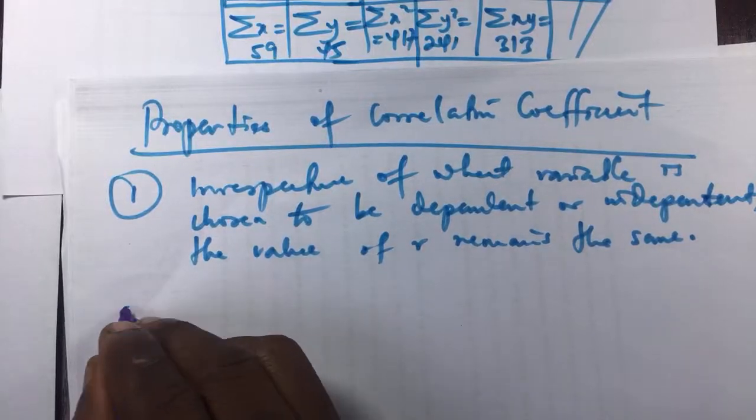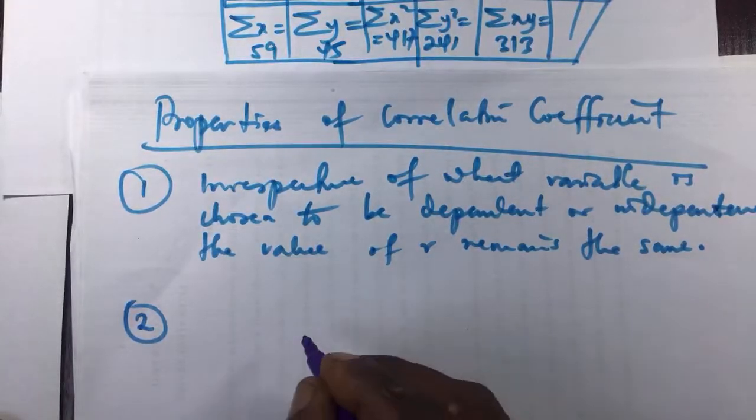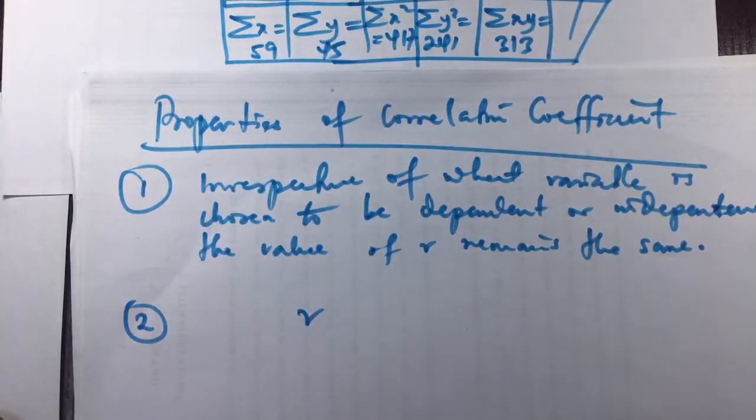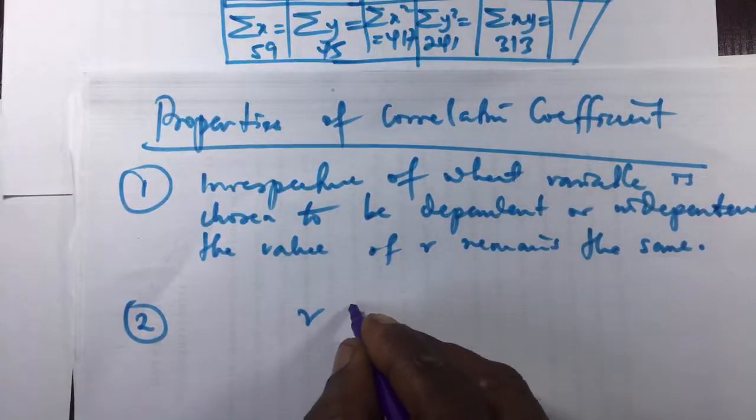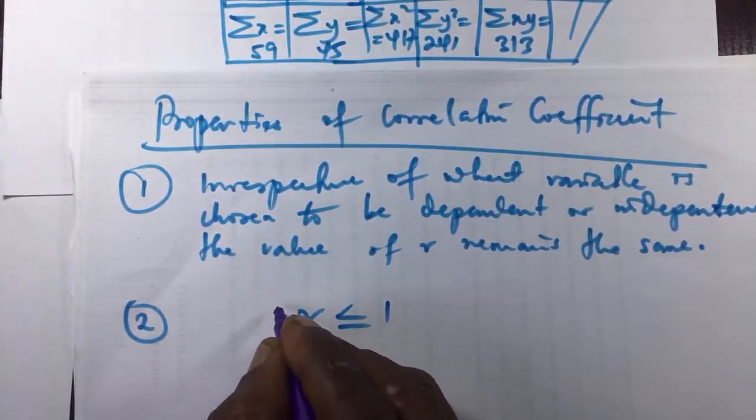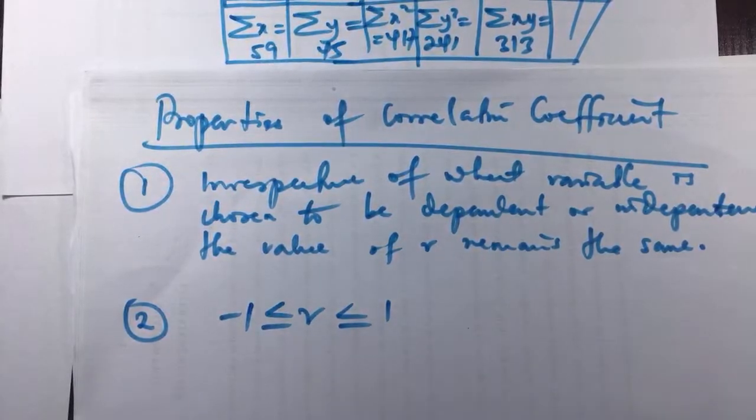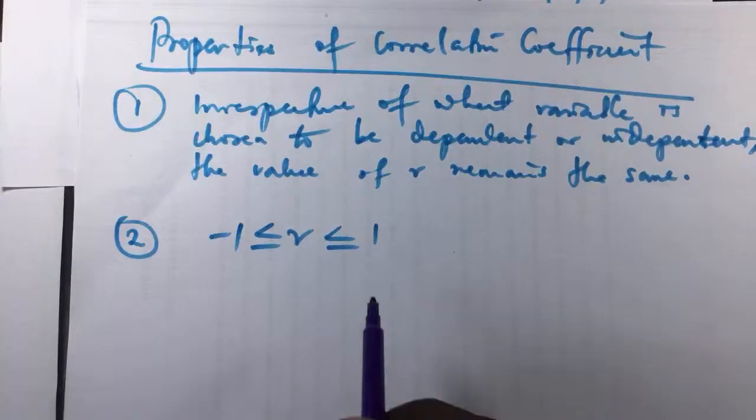Property number 2, guys, is that whenever you get your R value, take note, how do you know that what you have solved is correct? The R value, as a rule, must never go beyond this boundary. Meaning that whatever the value of R you obtain from your result, it must lie between -1 and 1.